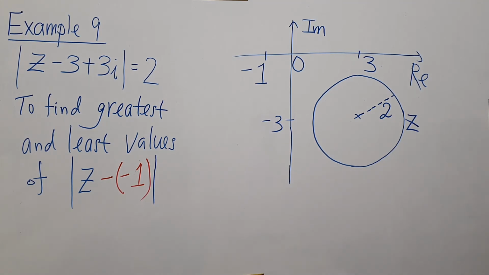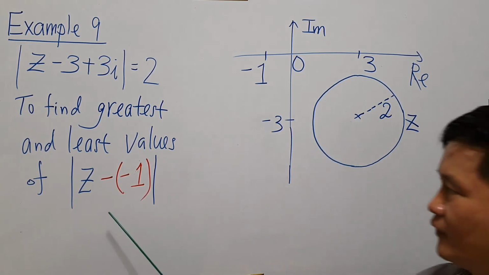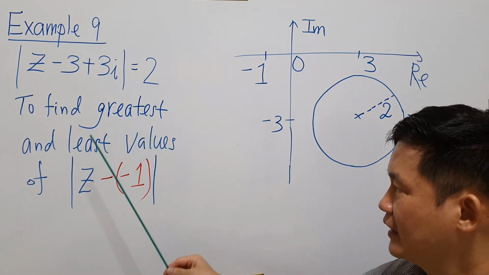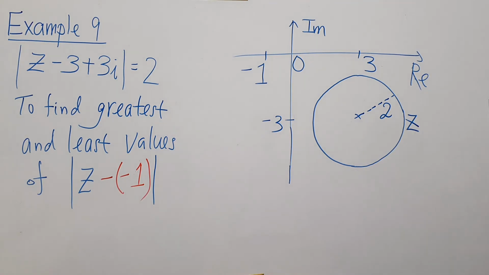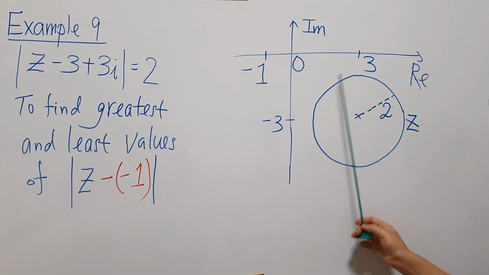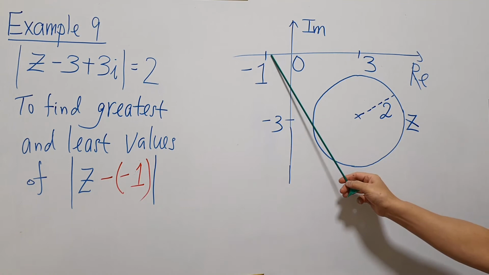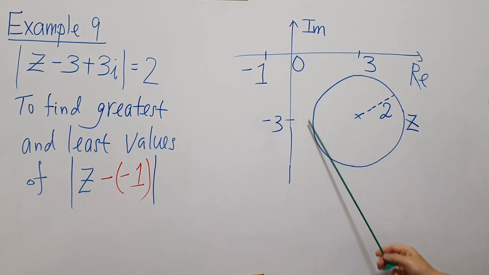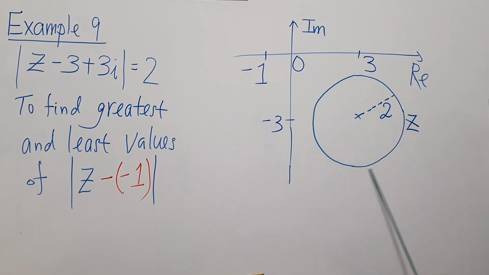So given that z are values on the circumference of the circle, you are trying to find the greatest and the least distance from -1 to z. The greatest and the least distance from -1 to this circle. From a point -1 to the z values here, how can you obtain the maximum distance from -1 to some z on this circle?